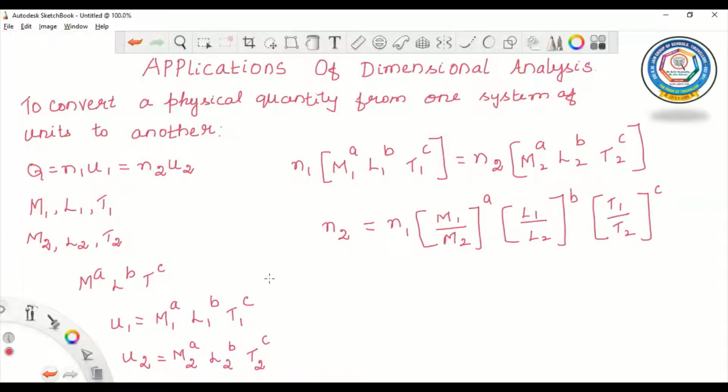Let us convert the value of gravitational constant G from CGS system to SI system.